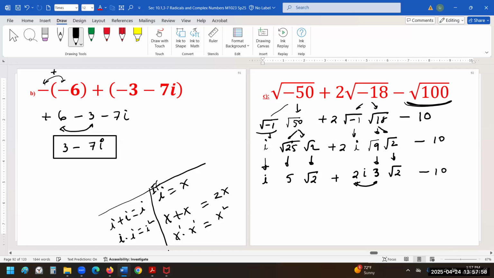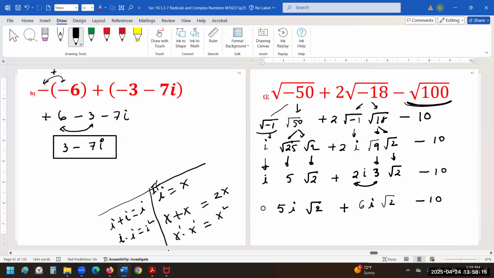How do you combine addition or multiplication? It's 6i square root of 2. And the first one becomes 5i square root of 2.